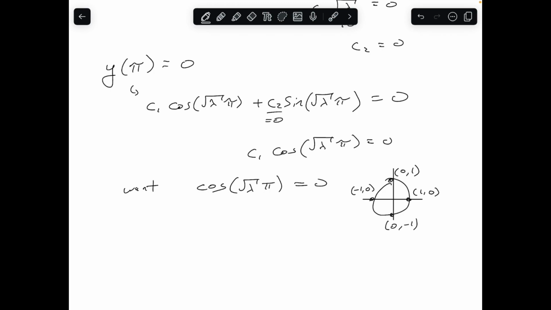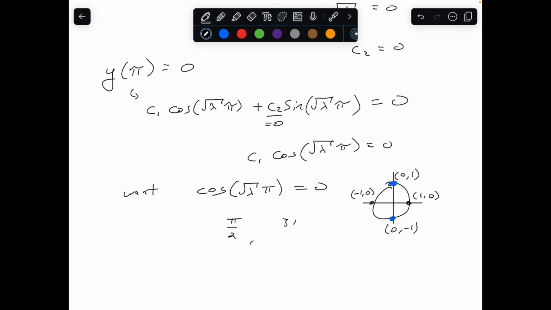And so the places where the x values are 0 are up here at (0, 1), and down here at (0, -1). And those happen at the angles pi halves and 3 pi halves. But also you could have these values plus any multiple of 2 pi, so like plus 2n pi.